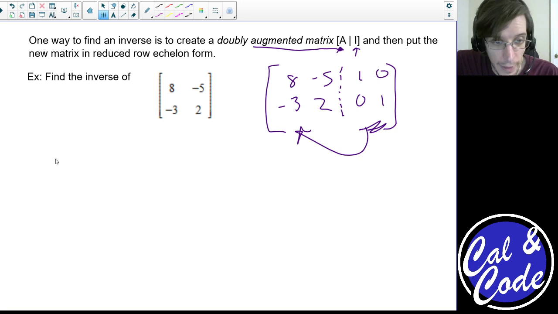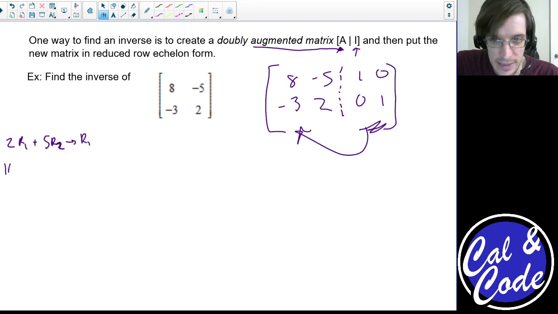Okay, so to get the 1 in the first spot, I'm going to do some tricks to try to keep this thing from turning into fractions early. So I know that 8 and 9 are pretty close. I also know that 16 and 15, I'm thinking about multiples of these things, are 1 apart. So if I take 2 row 1s and I add it to 5 row 2s, and put that into row 1, I should end up with a 1.